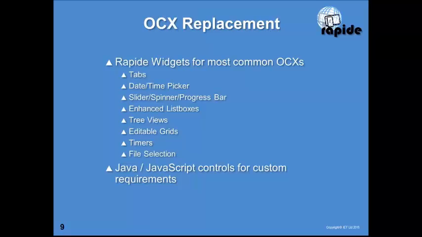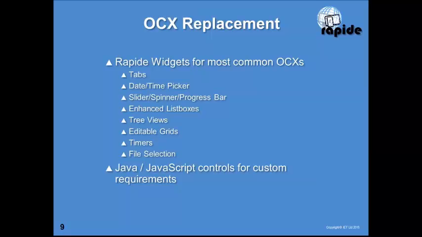For example, tab controls, date time pickers, sliders, spinners, progress bars, list boxes, tree views, editable grids, timers, file selection dialogues, all those sorts of things we provide native controls for in Rapide so that you do not need to have a third-party OCX control.